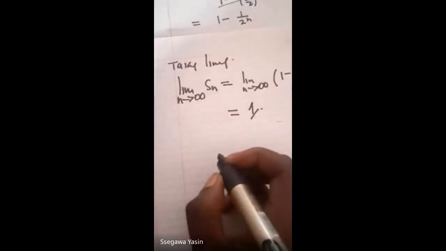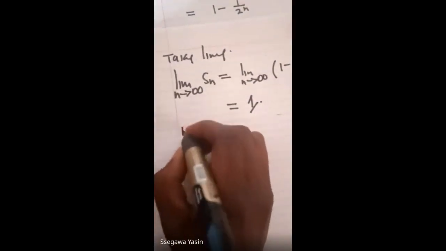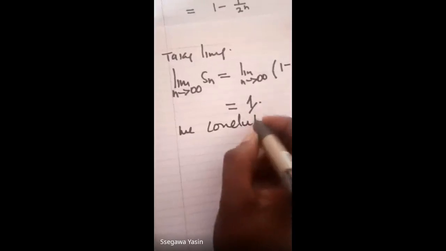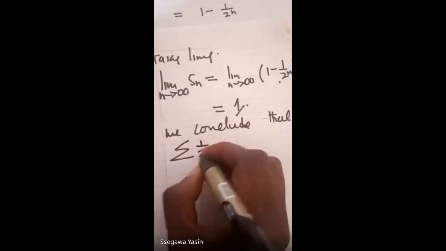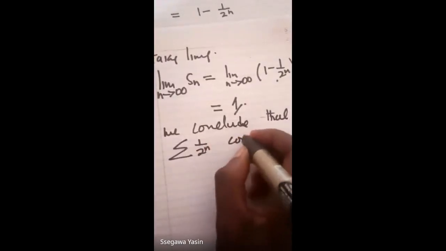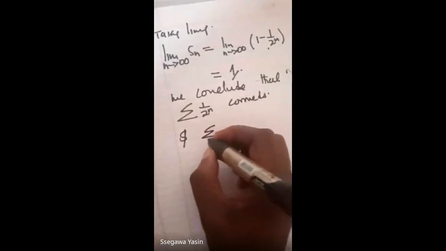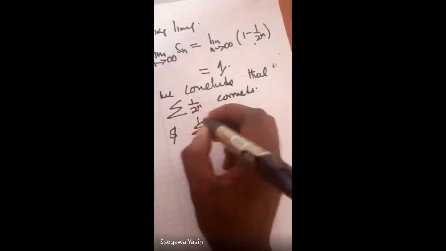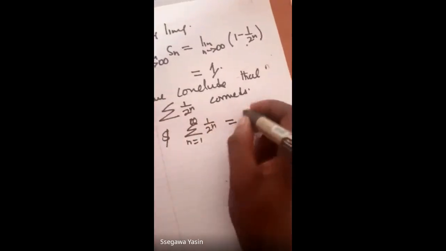So we conclude that the series 1 over 2 to the power n converges. And to be specific, the series from n equals 1 up to infinity of 1 over 2 to the power n equals 1, because we have seen that it converges to 1.